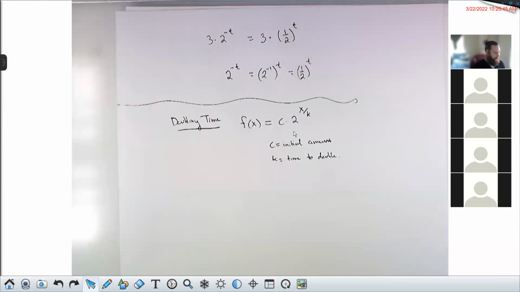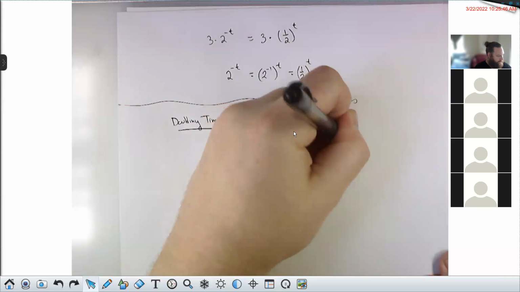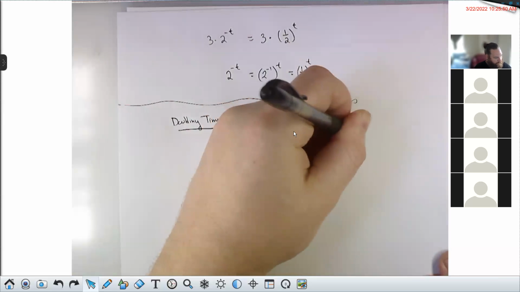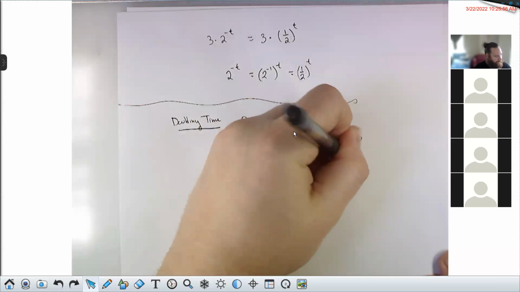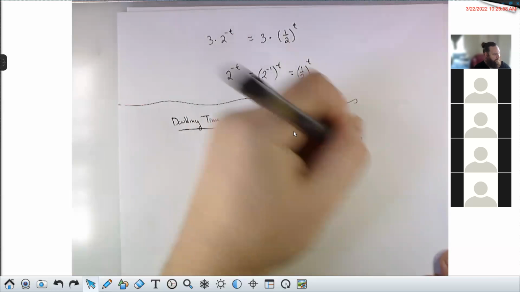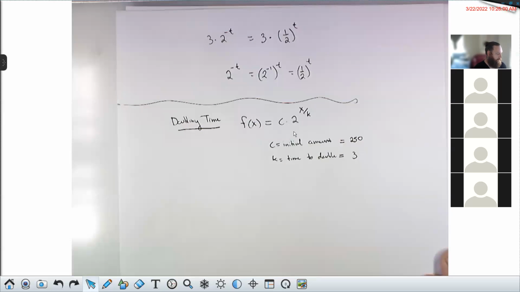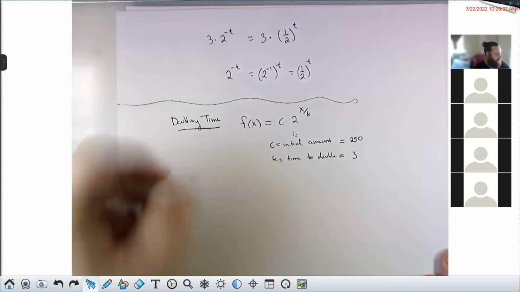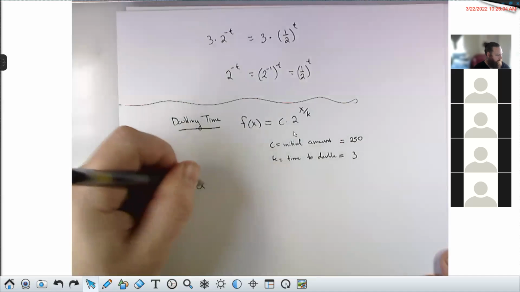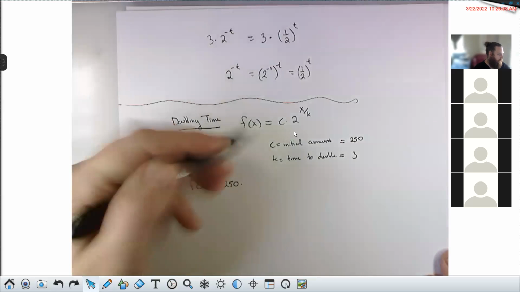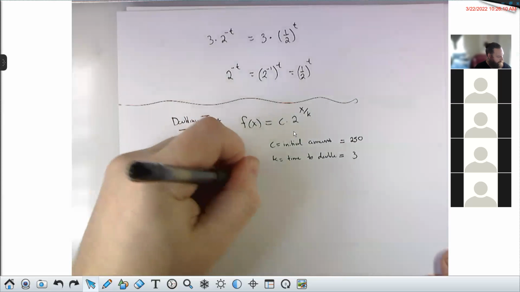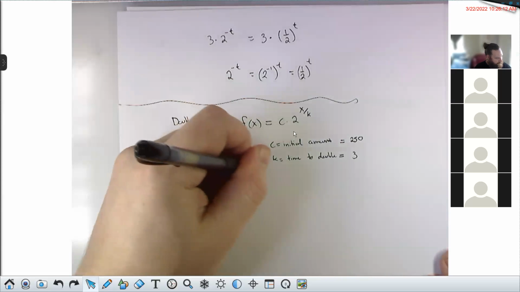So if they told us that the population starts out with 250 squirrels, that means C is 250. And they told us that the population doubles every 3 months, that means K would be 3. So we can start with our function here, plugging 250 for C and 3 for K.